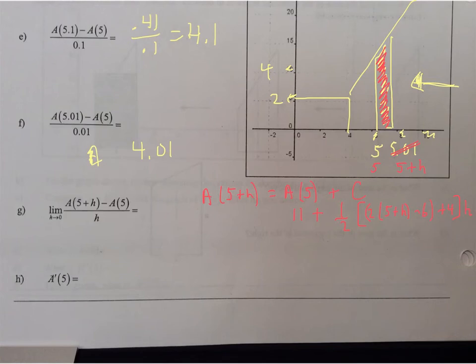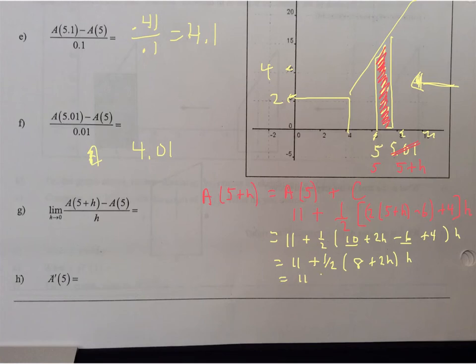And we can say that is 11 plus a half times, well, that would be 10 plus 2h minus 6 plus 4, all times h. So that's 11 plus a half. We have 10 minus 6 is 4 plus 4 is 8 plus 2h, all times h.